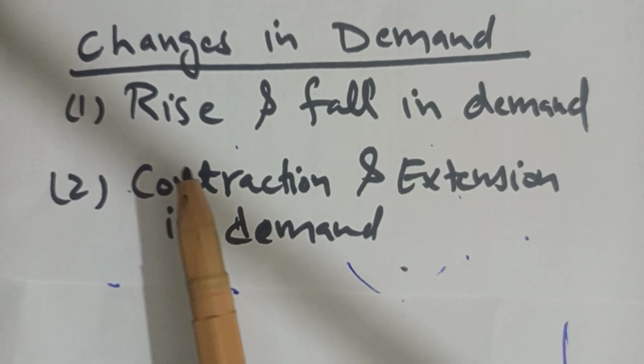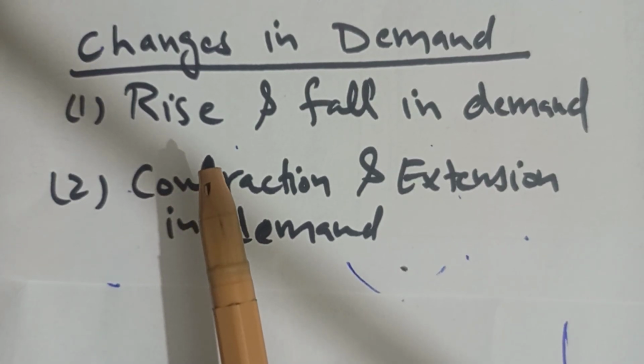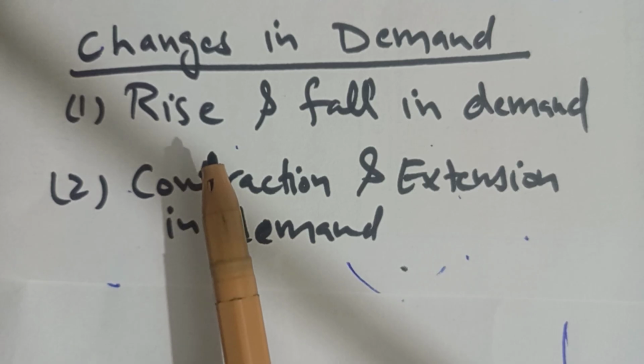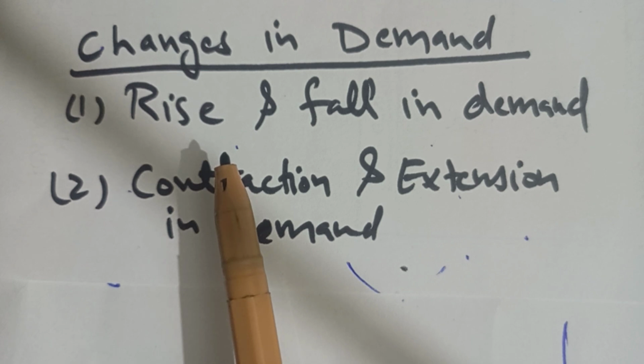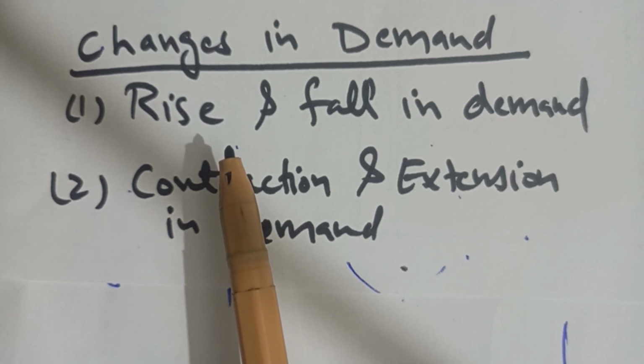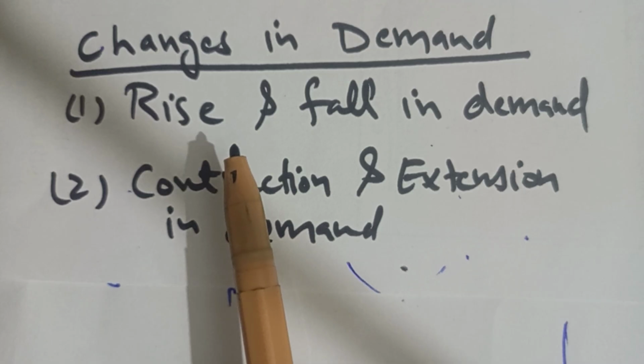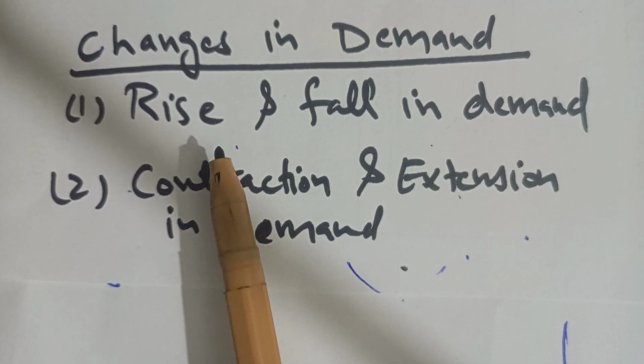This is the case of assumption. It means other factors which affect demand change, and they change the demand for the commodity. Price remains the same. Other determinants rather than price are income of the consumer, and changes in population. An increase in population leads toward an increase in demand, which is called rise in demand.